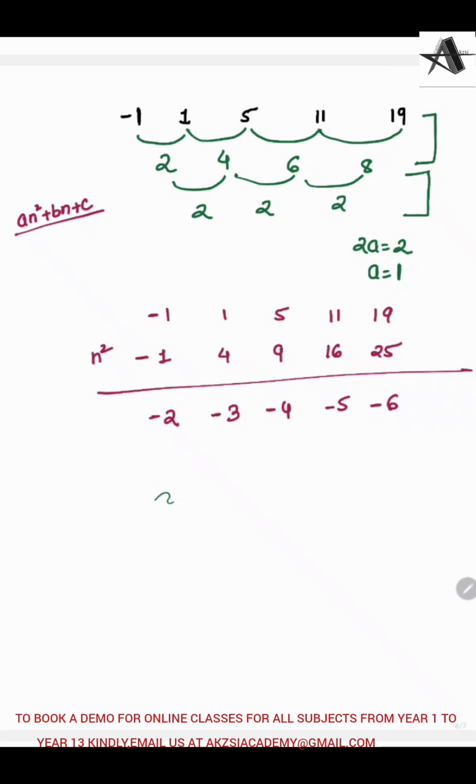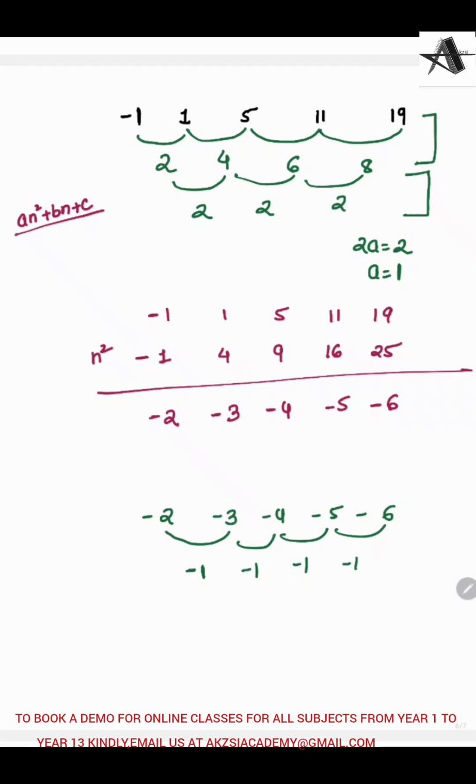That means now I need to shift my focus to minus 2, minus 3, minus 4, minus 5, minus 6, and treat it like a separate linear series. So subtract minus 3 and minus 2 will give you minus 1 as the answer. Similarly, minus 4 minus minus 3 is minus 1, minus 1 and minus 1.